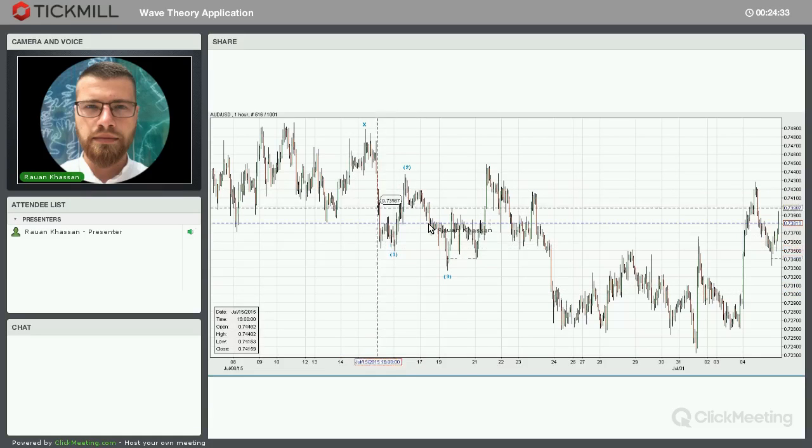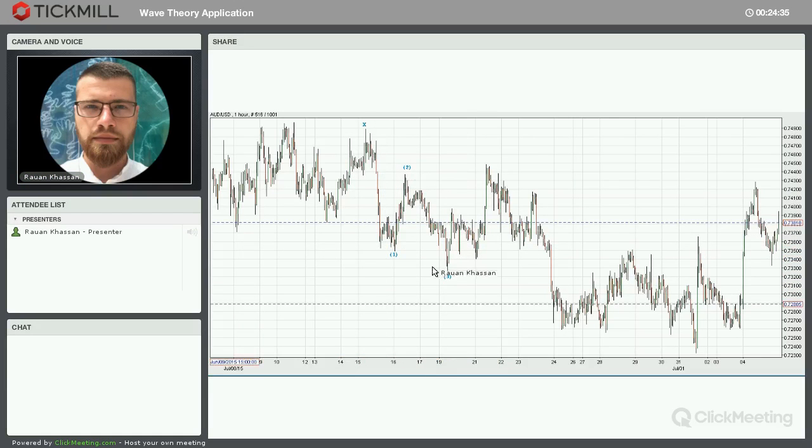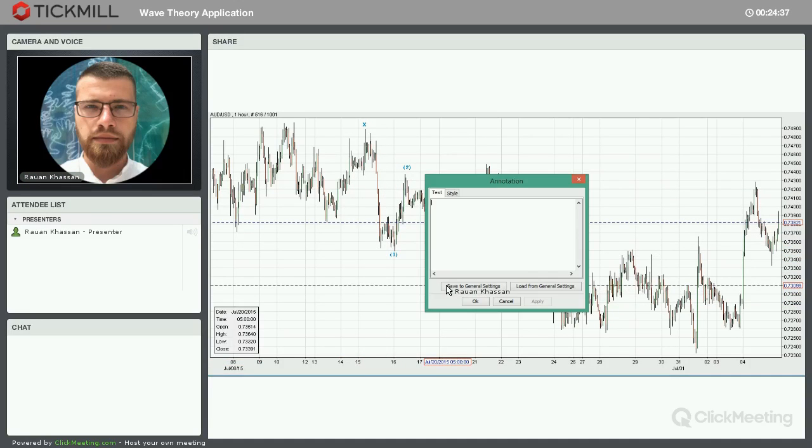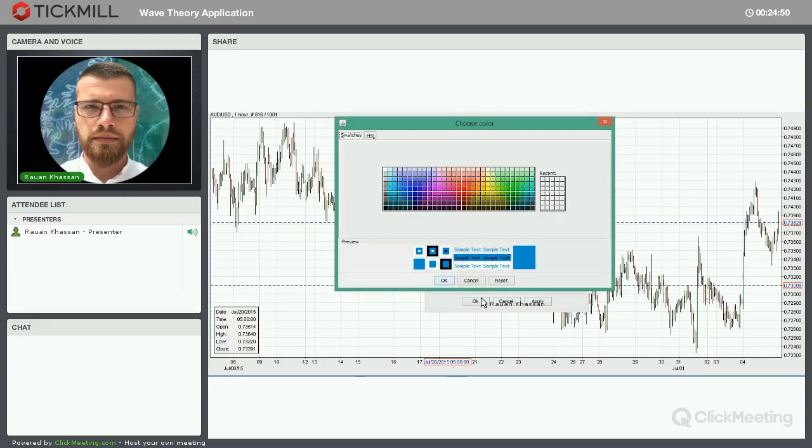And the first one finishes with the first part of this triangle. We will mark it as A. Let me do it of bigger size and another color. Probably red works fine.